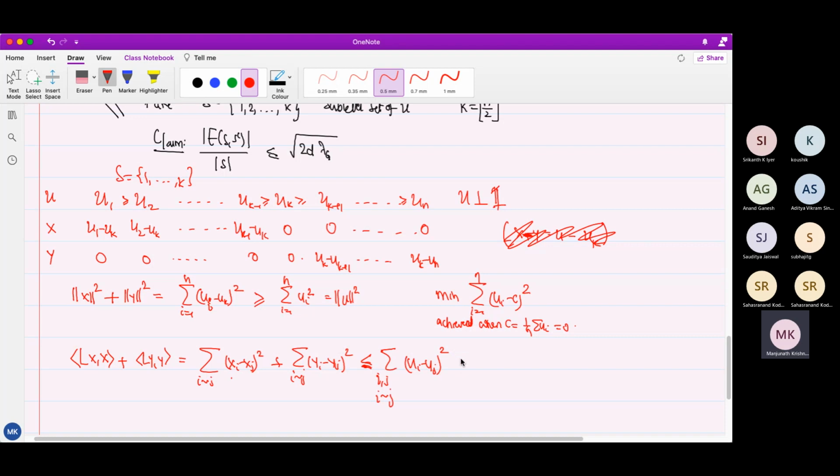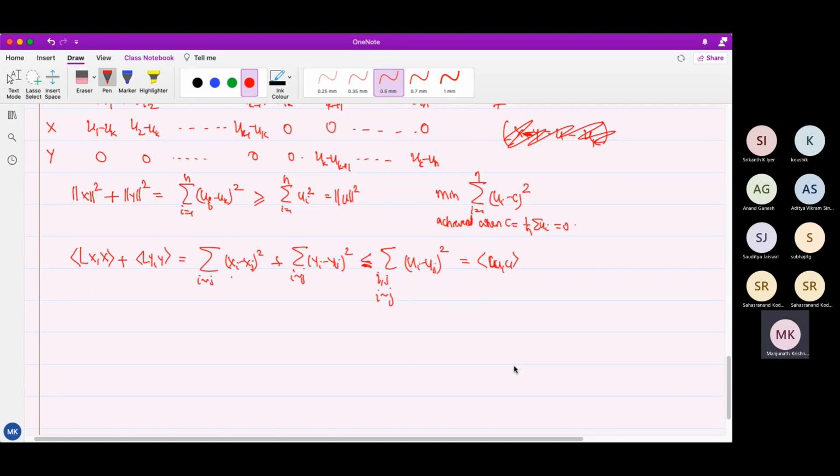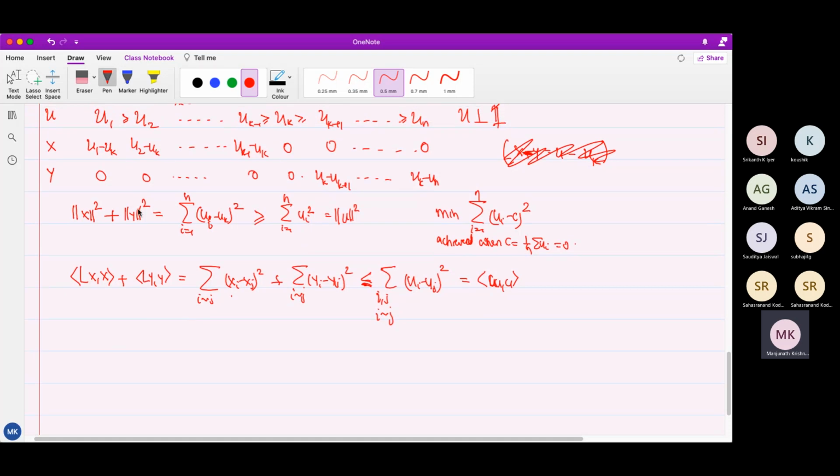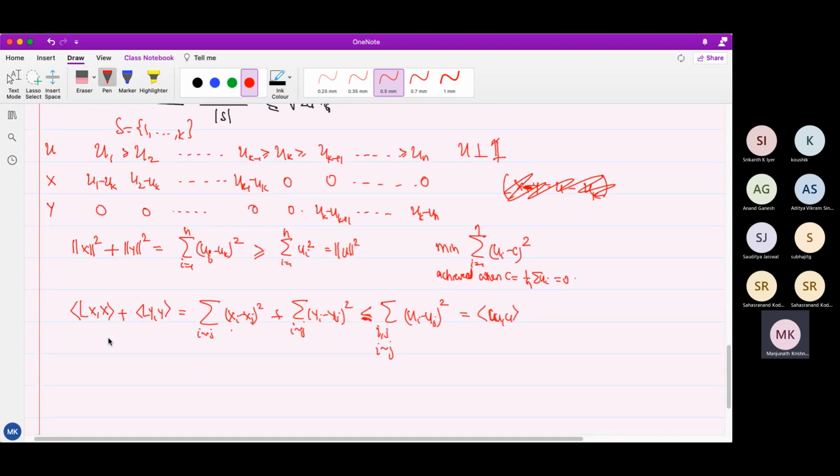So you get this: LU inner product U. So we got both-way comparison. So what we get is that lambda G, which is in fact this ratio of the quadratic forms, LU inner product U over U inner product U, because this U is the second eigenvector.